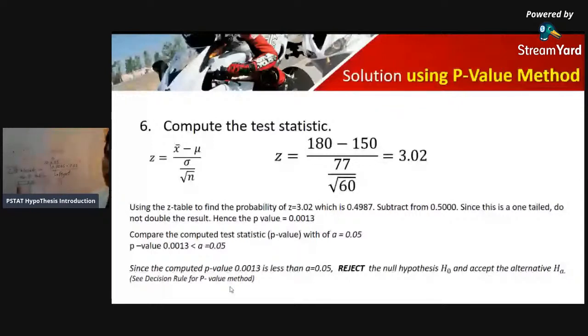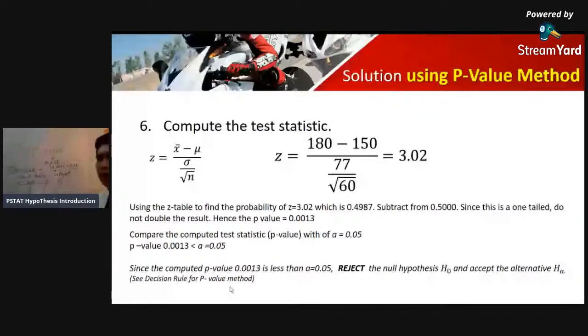So if ever there is any possibility that my value would be greater than my alpha, you just try to analyze it.